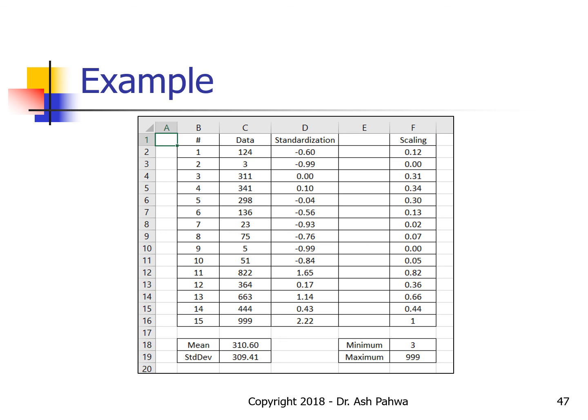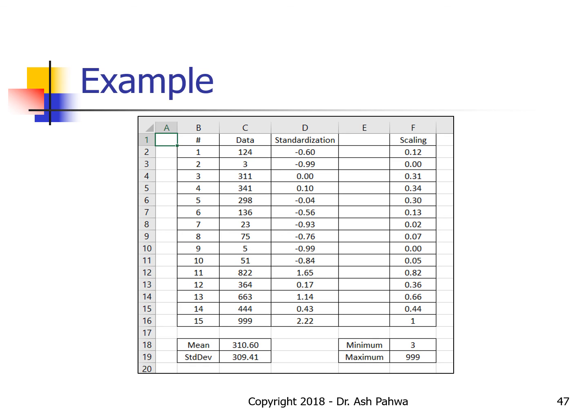Suppose here is my data set. I've got 15 observations, and my data elements are 124, 3, 311, 341, 298, and so on, and my last element is 999. The first method is standardization, where we compute the z-value. First we compute the mean, which comes out to be 310.60, and the standard deviation is 309.41.